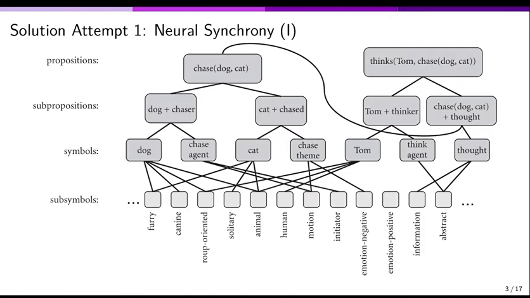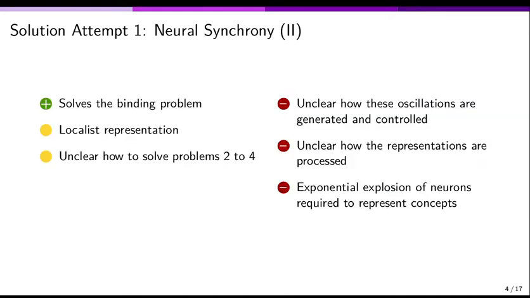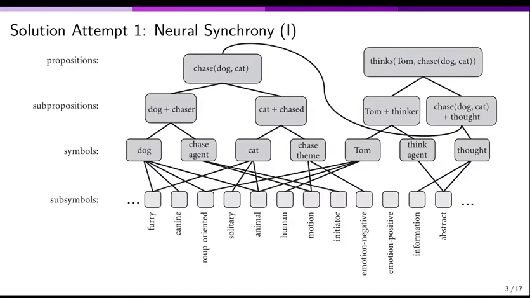Okay. All right, so that's one approach. The scaling problem, I think, is the one that really causes trouble. I don't know what mechanisms can do this without causing this giant exponential scaling of different subpropositions. Okay.